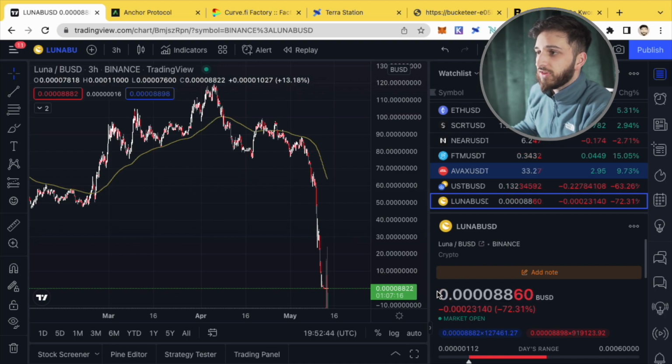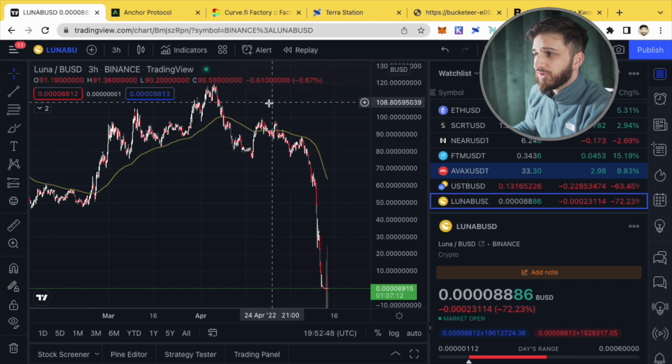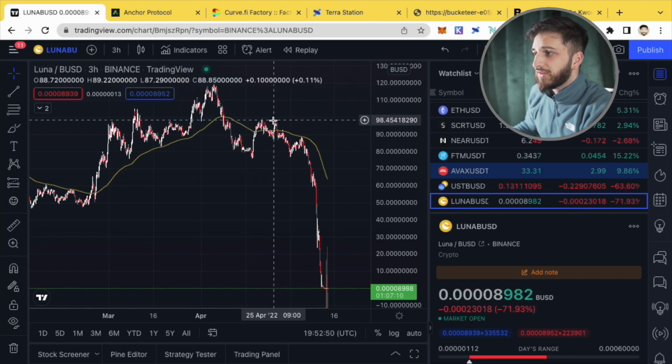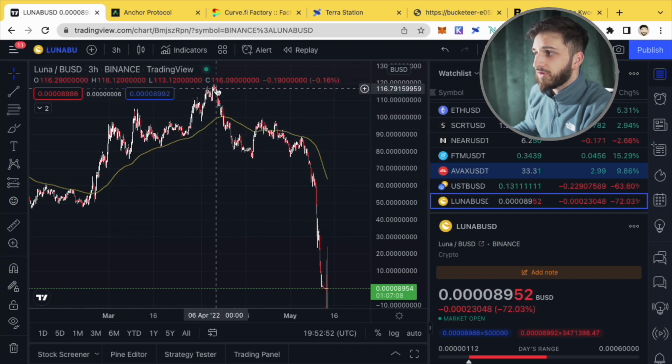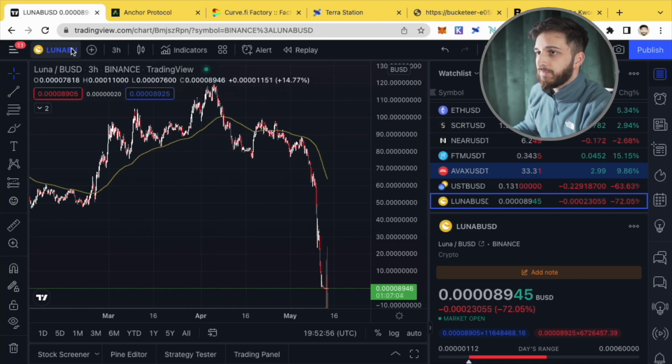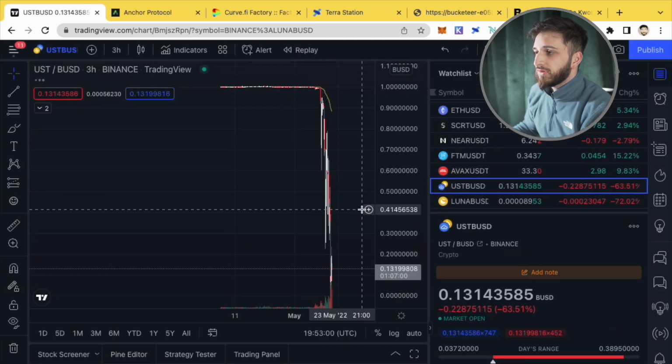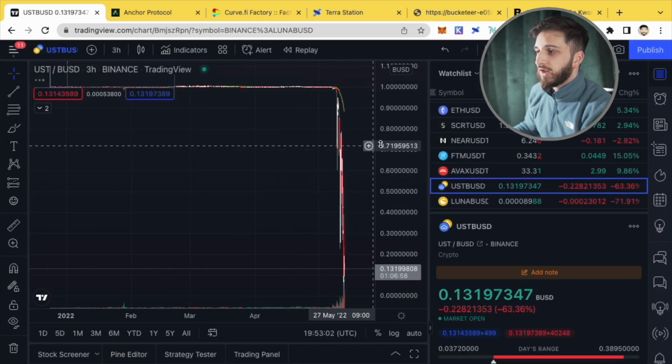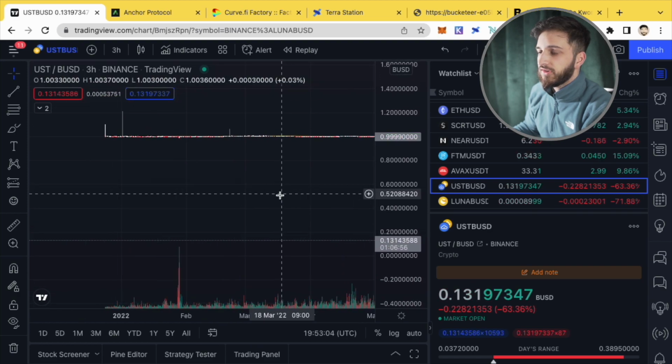And you can just look at the chart for yourself. I mean, just a week ago, we were at this $90 range. Not even long ago, we were at all-time highs at $120. It's even worse if you look at the UST chart, which, yeah, I mean, just look at that. Tells you a story, doesn't it?